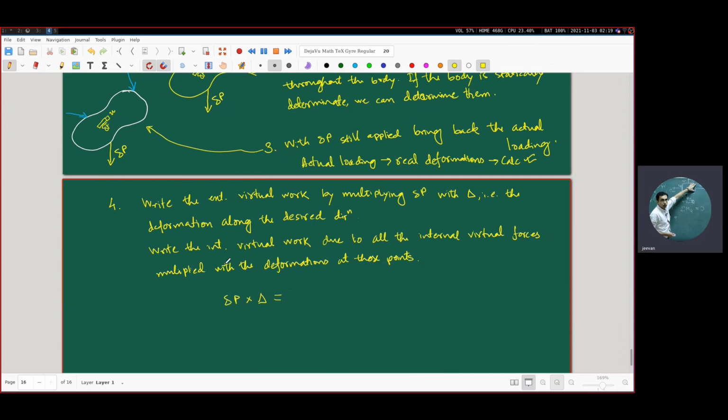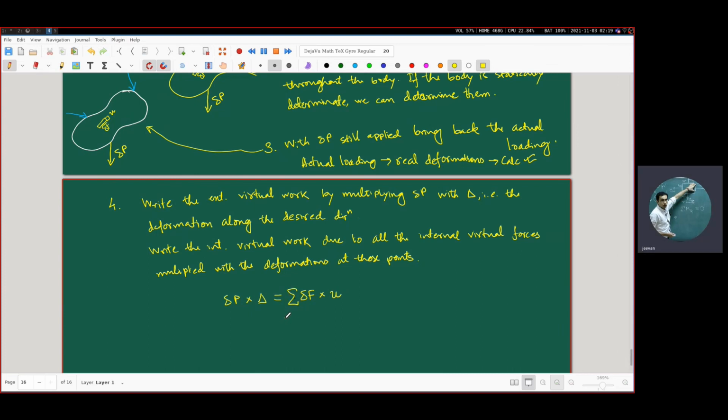For the right hand side, the internal virtual work due to all the internal forces. The internal force is delta F, and this will be multiplied with the deformation corresponding to that force. But please note that this is just one element, so we should be summing up over all such elements.